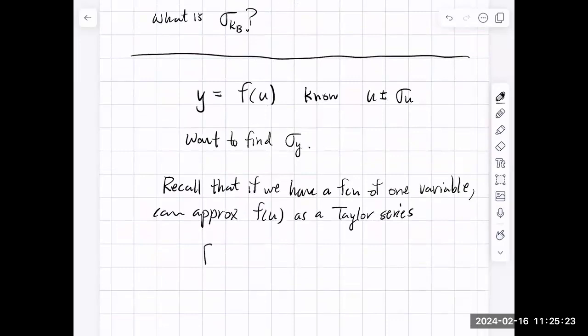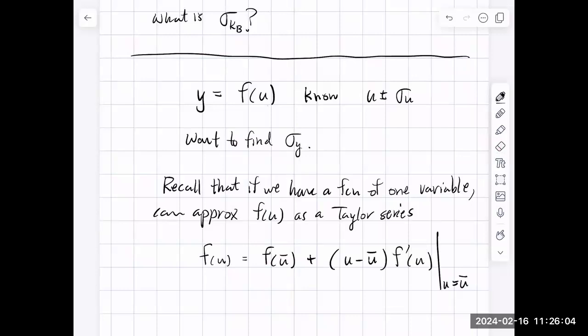So if you said that this function was going to be equal to, let's see, I'm going to write it in this way. So we're going to do a Taylor series expansion. Here, we'll write it probably the way a math person would write it. Okay, so we take our function, and this is an expansion about u bar.